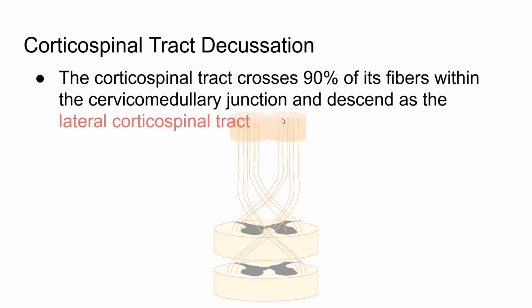So just illustrating for you. These are the pyramids here. These are the fibers, the axons in the pyramids. As you reach the cervicomedullary junction, they will start to separate. The fibers controlling the upper extremities will cross first, and then slightly below it, the fibers controlling the lower extremities. But the targets will still be the same. They will become lateral as your lateral corticospinal tract.